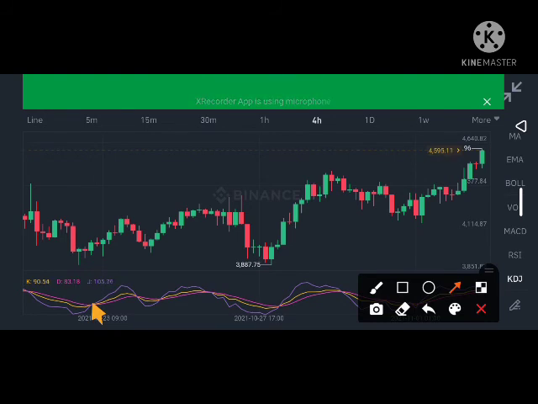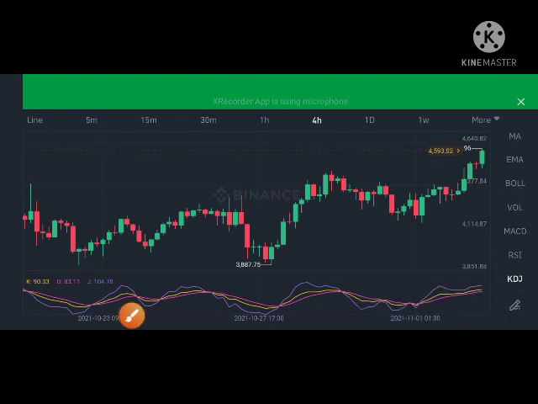And even though it has crossed the market, you can still buy the market and still be in profit. If it just gives you a sign that it's going to cross, if you're an aggressive trader, you can actually rush in and jump on the trade. But a conservative trader will wait for the J line to cross before buying.